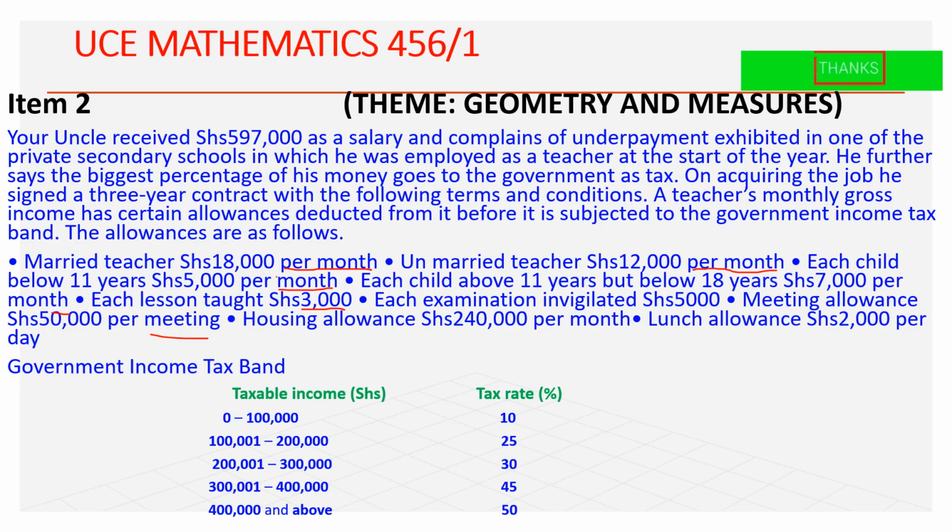Of course, if they had one meeting that very month, then you need to be careful as well. This housing allowance is per month. Then lunch allowance is per day, so you need to be careful. And if the month is specific, the month he received this money, then you need to know how many days are in that particular month. So before we continue, that is what we should put at our fingertips. Everything should be very, very clear.